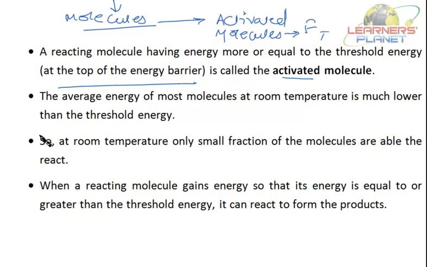The average energy of most molecules at room temperature is much lower than the threshold energy. So at room temperature, only a small fraction of the molecules are able to react. Now when the reacting molecules gain energy so that its energy is equal to or greater than threshold energy, it can react to form the products.